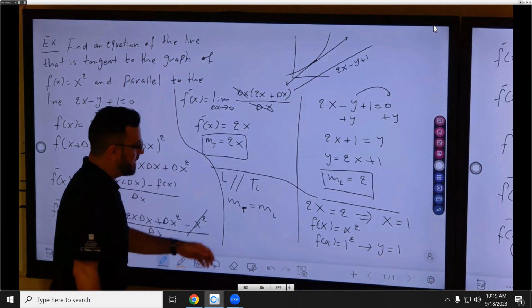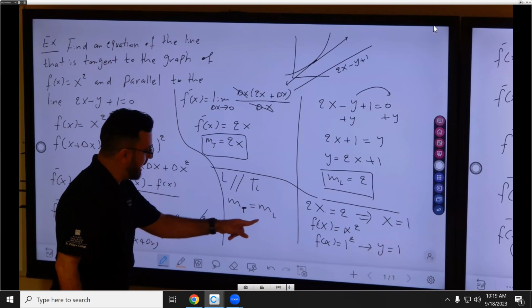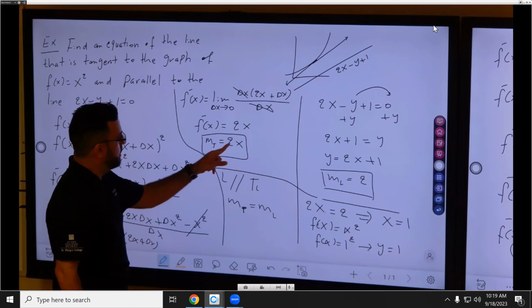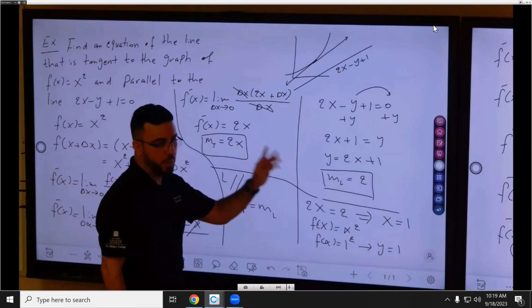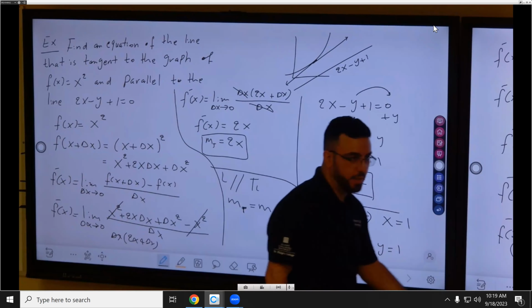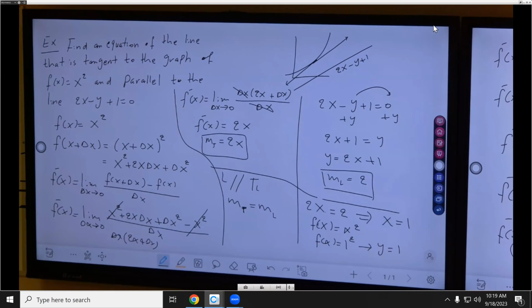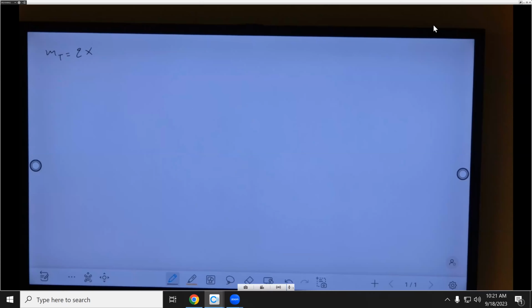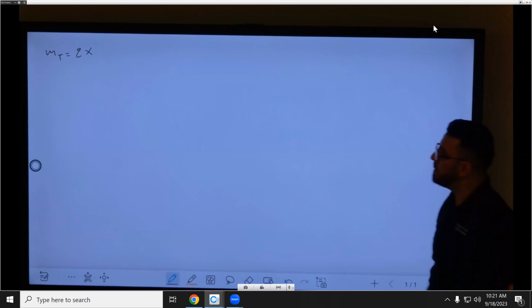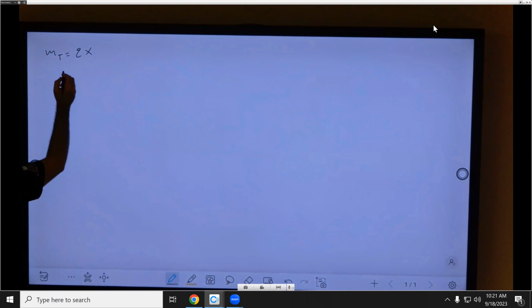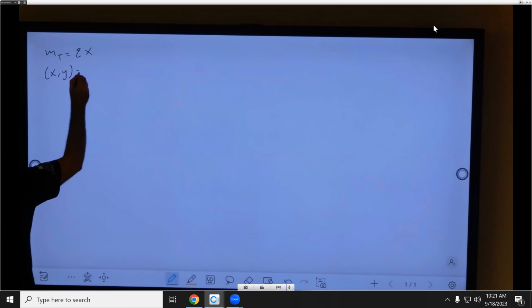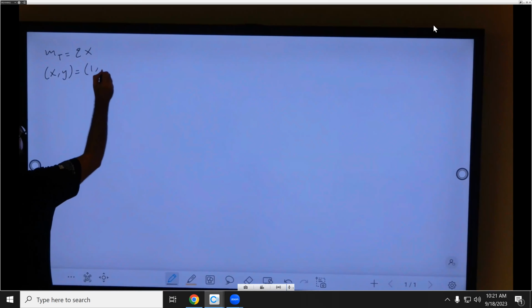We have the slope for the tangent line, which is equal to 2x. That means it's 2. We have the slope, we have the point. Can we find the equation? The slope for the tangent line is 2x, and we have the point x, y equal 1, 1.